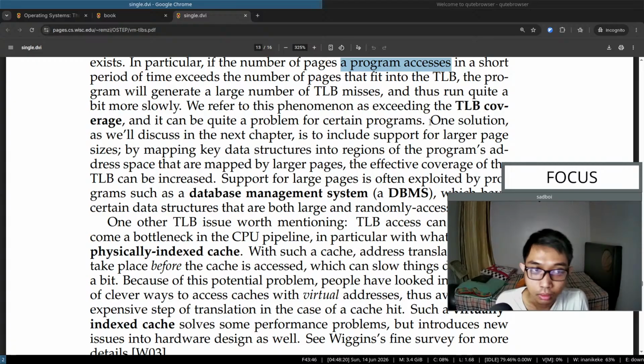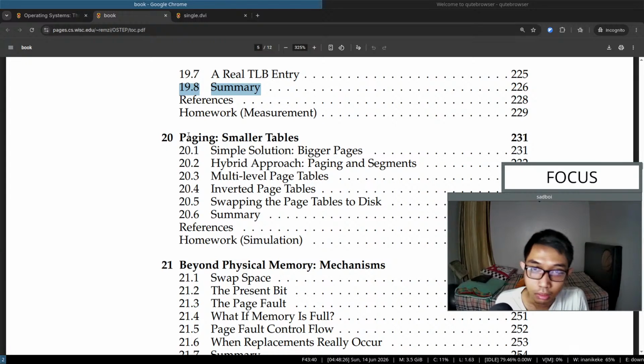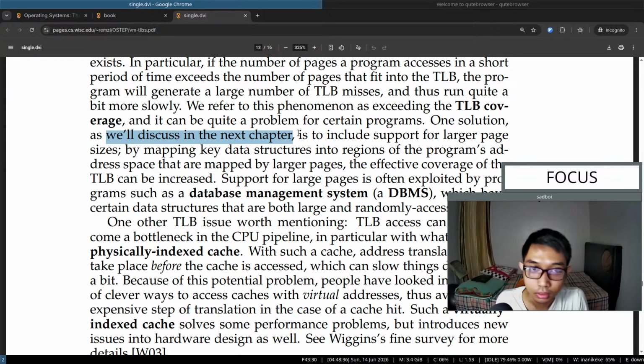Okay, one solution, as we will discuss in the next chapter, I'm assuming this one, is to include support for larger page size.